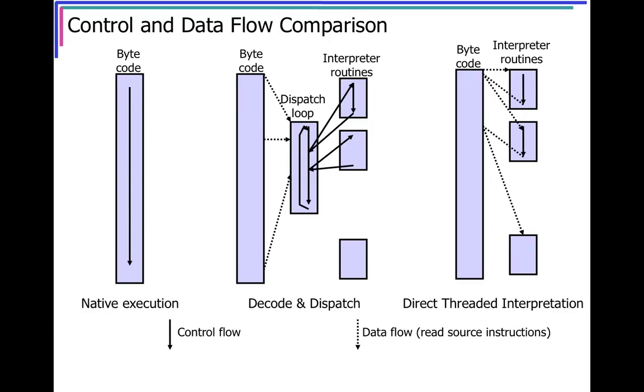We're then going to execute the operation for that instruction, and at the end of that, we're going to read the next instruction, decode it, figure out the address of the handler, and jump to the next handler. So our control is going to be jumping between handler routines over time.